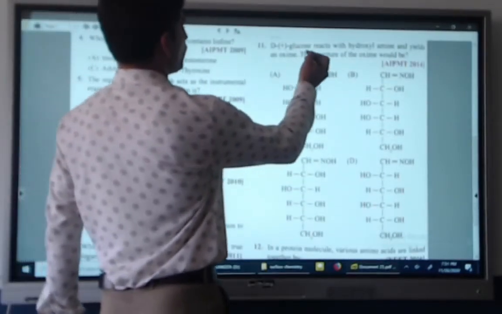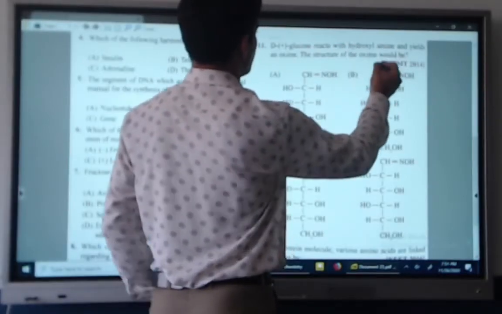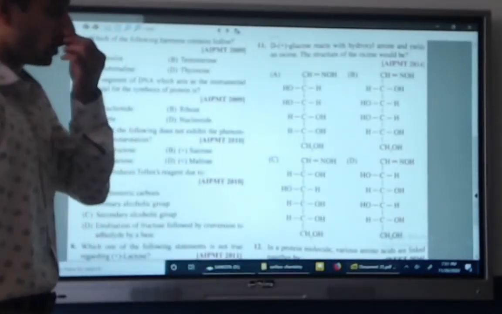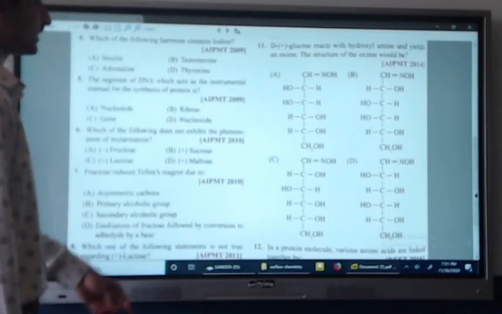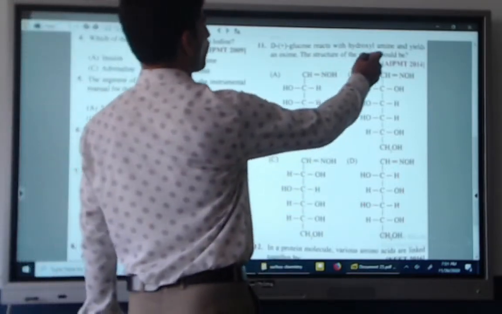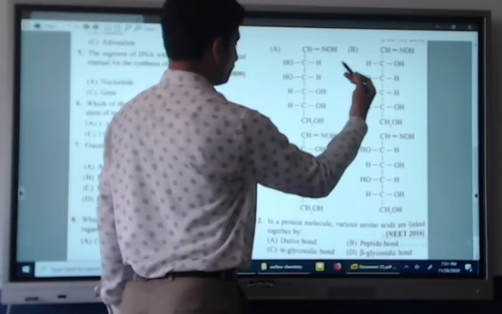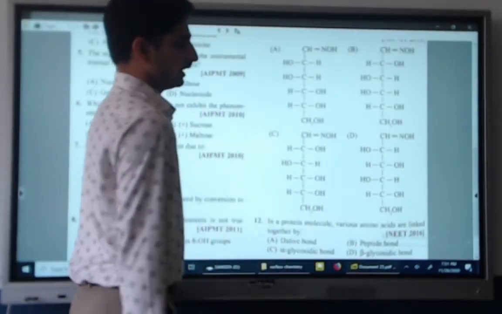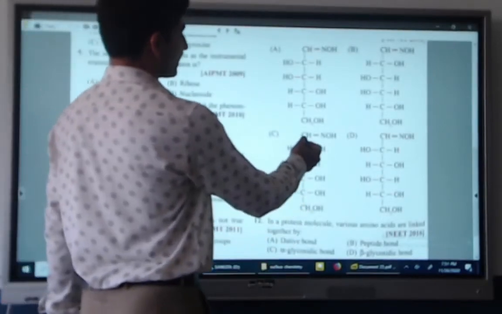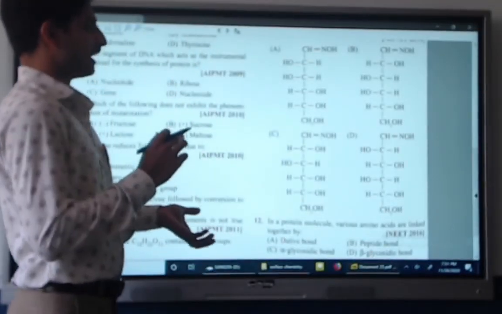Next. D-glucose, dextrorotatory glucose, reacts with hydroxylamine to yield oxime, as we discussed previously. The structure of the oxime would be option A, option B, option C or option D. As there is a plus sign, the second carbon should have an H OH pattern.